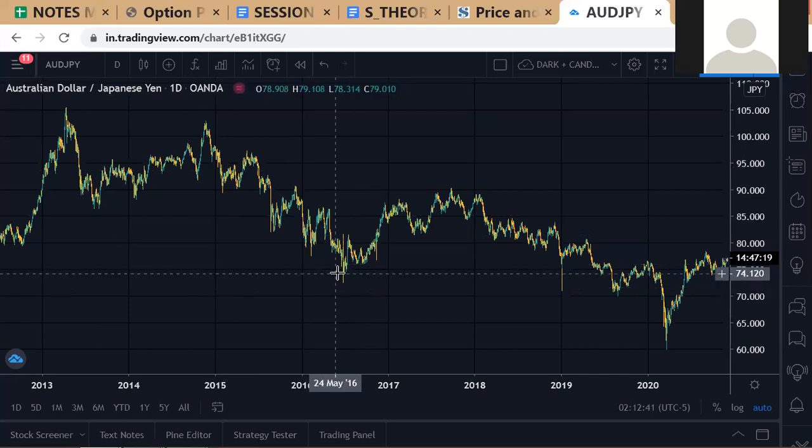Now what happens? I go and get back my Australian dollars after my deposit matures. Then I sell it in the Aussie yen market to get back my Japanese yen because I have to repay my loan.